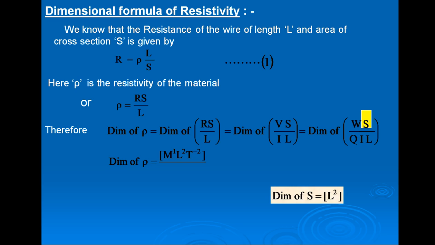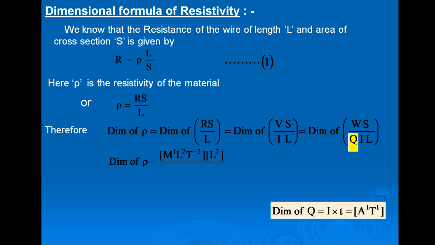The dimension of S is L². So put the dimensions of S, L². Now Q, electric charge. The dimension of Q is equal to current into time, which is A¹ T¹. So put the dimensions of Q.